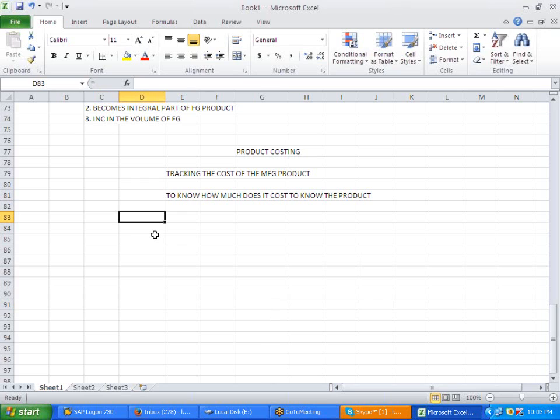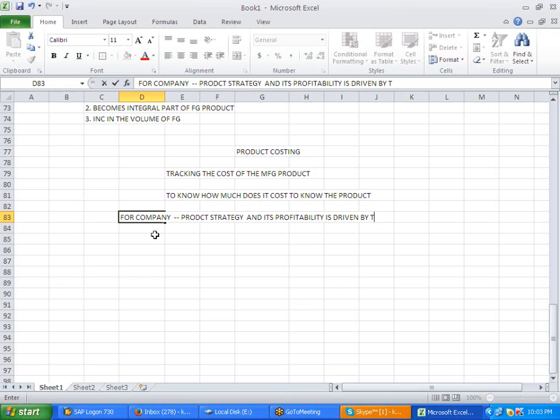Let's get further into this product costing. For a company, when they are designing the strategy of a product, its product strategy and its profitability is driven by two factors.